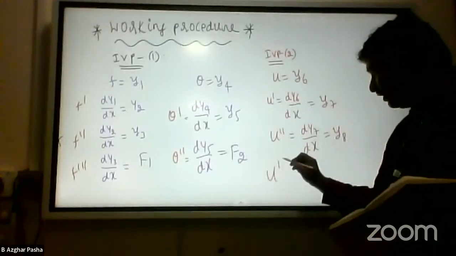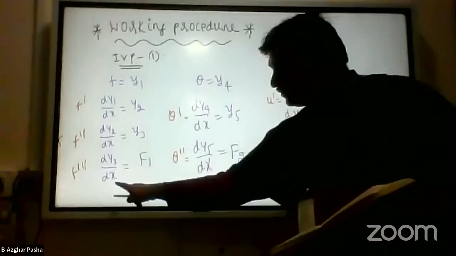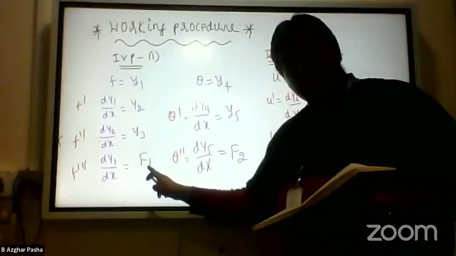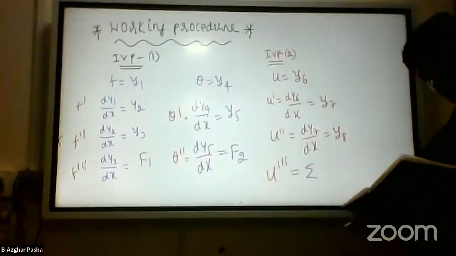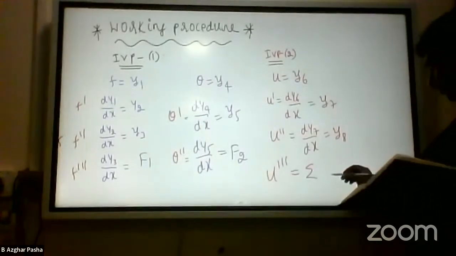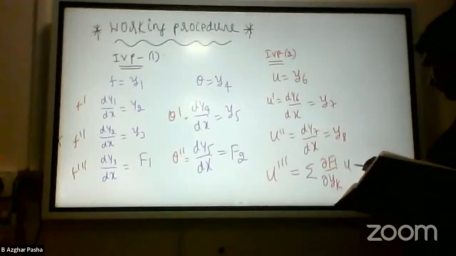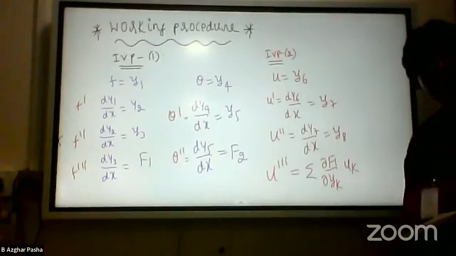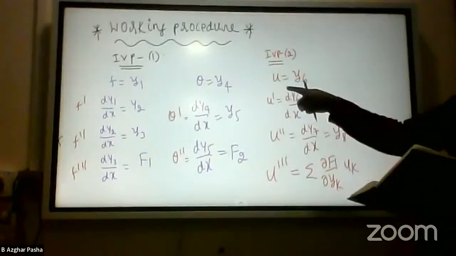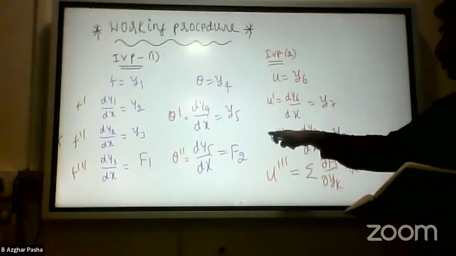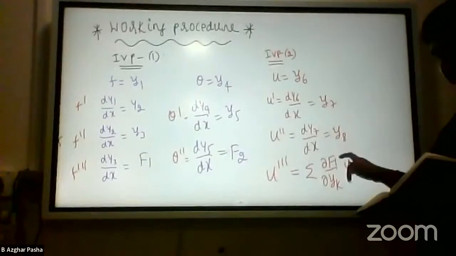For the u third derivative, you have to be careful here. It's the counterpart of the f third derivative, but it is not F1. That rule, it is the summation. What is that? Dou F1 by dou yk into uk. That part, in terms of y, you have to convert. When you write u, this is u1, u2, u3. u2 is nothing but y7. u3 is nothing but y8.